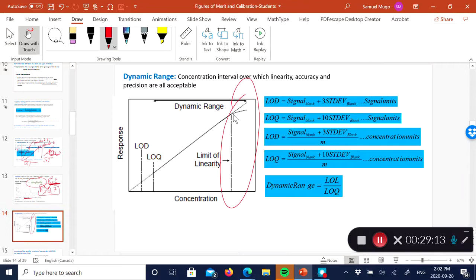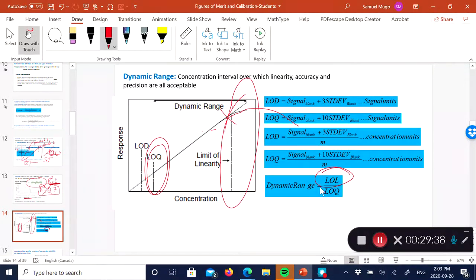So that point at which your calibration stops being linear and starts to plateau off, that's your numerator right there. And then the denominator is the so-called limit of detection. So dynamic range is equal to limit of linearity divided by limit of detection.